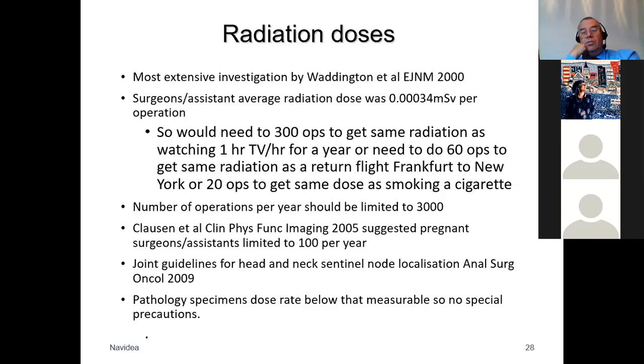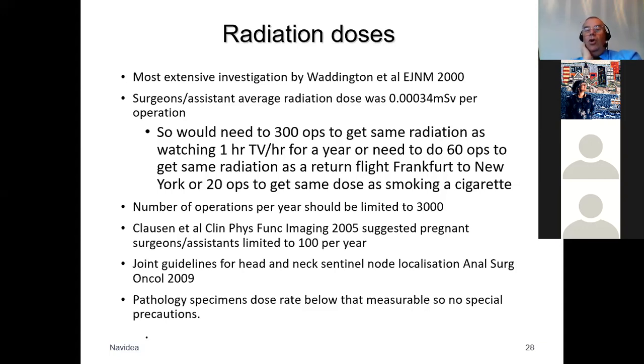The radiation dose per patient was the wonderful 0.00034 millisieverts per operation. So you would have to do 300 sentinel node operations to get the same amount of radiation as watching 1 hour of television every day for a year. You need to do 60 operations to get the same radiation dose as a return flight from Frankfurt to New York, or 20 operations to get the same dose as smoking a single cigarette. So they basically said, don't worry about it.